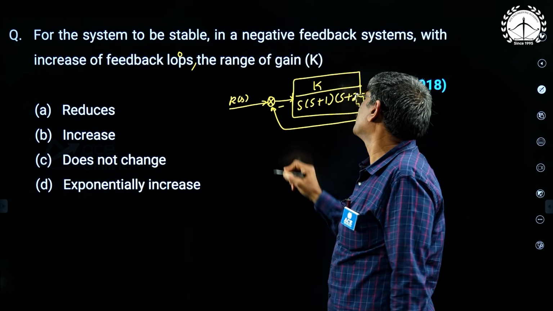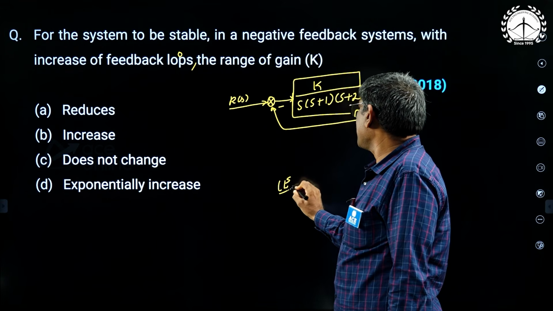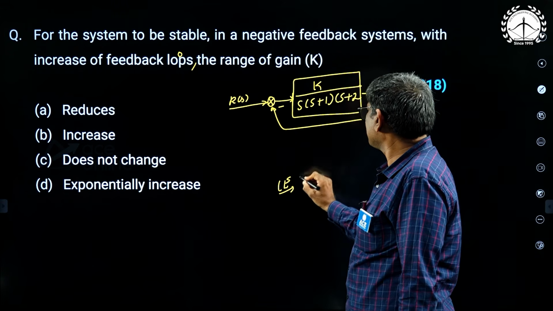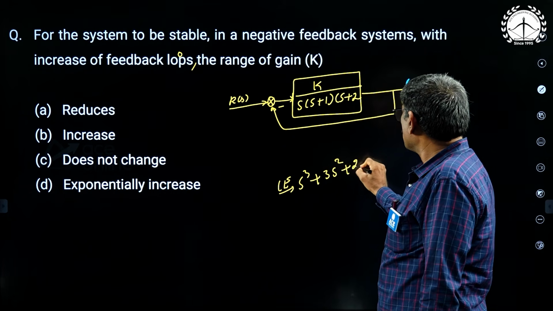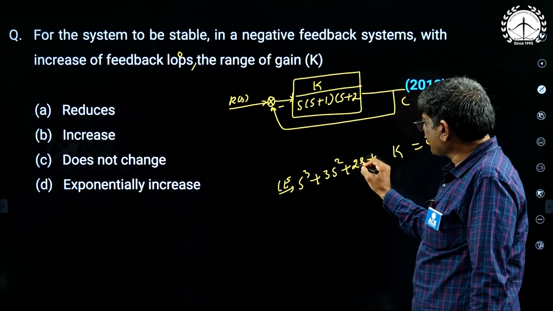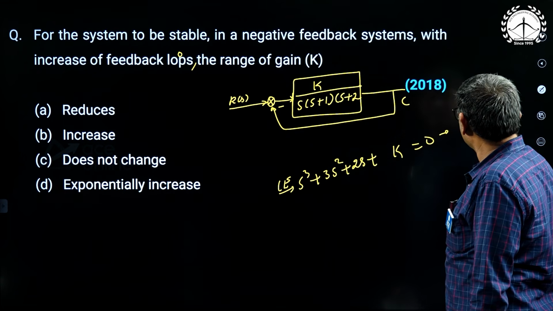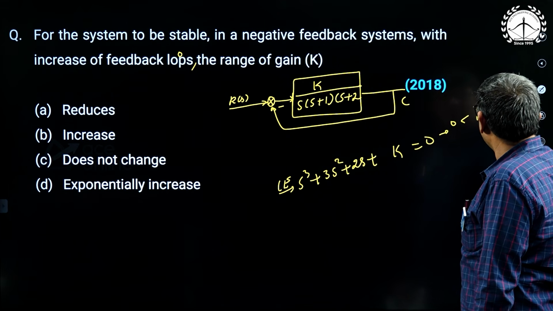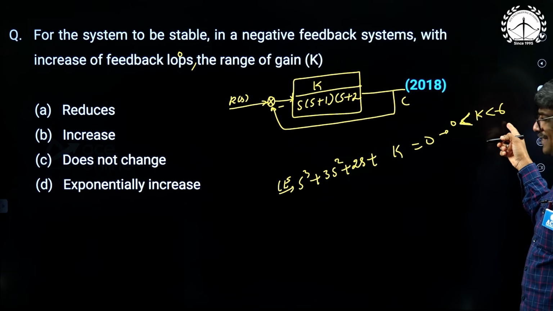Range of k reduces. For the first loop, the characteristic equation expanded is s cube plus 3s square plus 2s plus k. You find the range of k: internal product 6, so the range of k is greater than 0, less than 6.